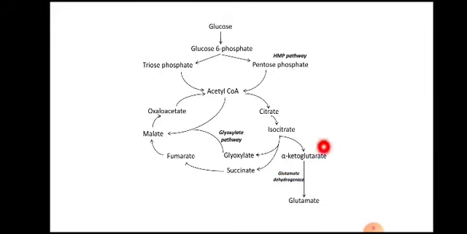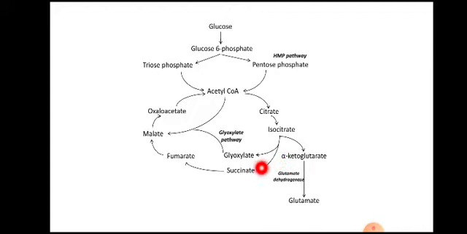The organism whose biochemical pathway is shown in this diagram is Corynebacterium glutamicum. One property of Corynebacterium glutamicum is that it requires biotin for growth, and if it is grown in biotin limiting concentration, it will excrete glutamic acid. Why will it excrete glutamic acid? Another property of this organism is that it lacks the TCA cycle enzyme required for conversion of alpha ketoglutarate to succinate, that is, alpha ketoglutarate dehydrogenase.